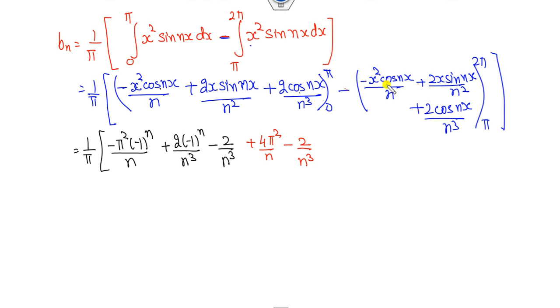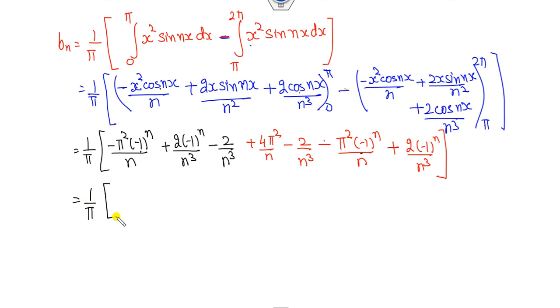When you substitute pi, cos n pi is minus 1 raised to power n over n, so minus is a plus, plus minus minus. Sin n pi is 0, is again a negative, so minus minus again plus 2 minus 1 over n cube. Now you can see, is there anything that cancels out? This is twice, this is also twice, all are twice.